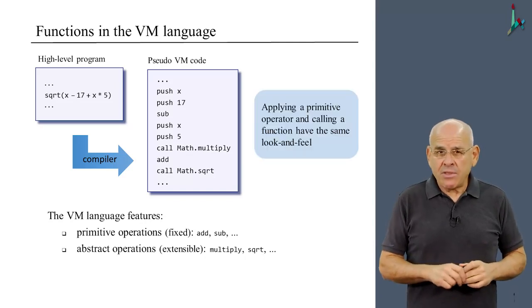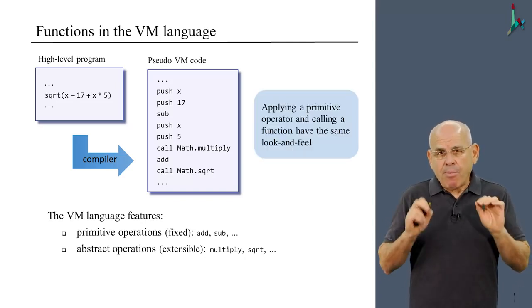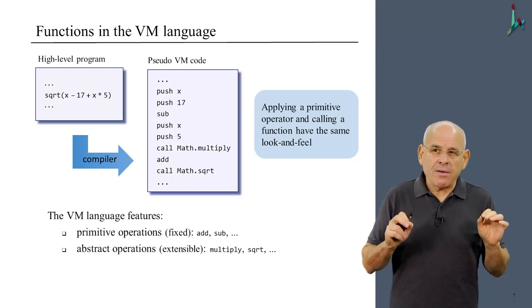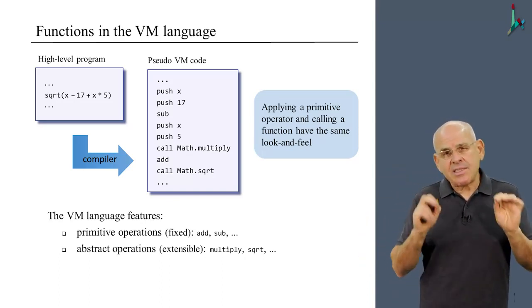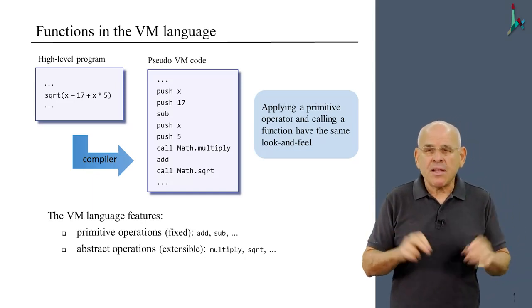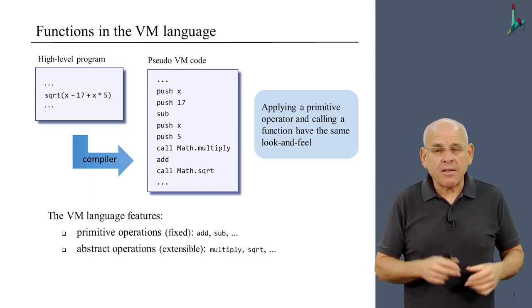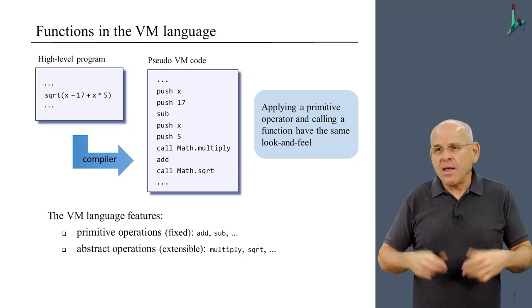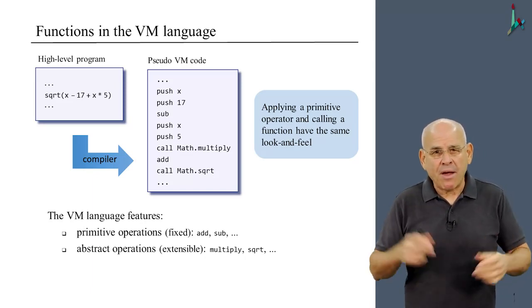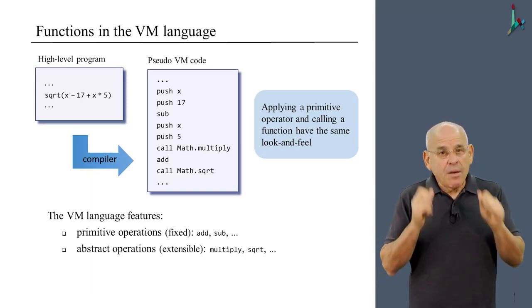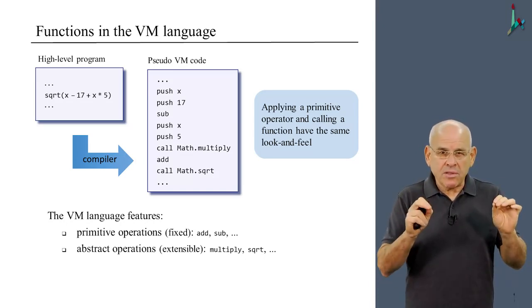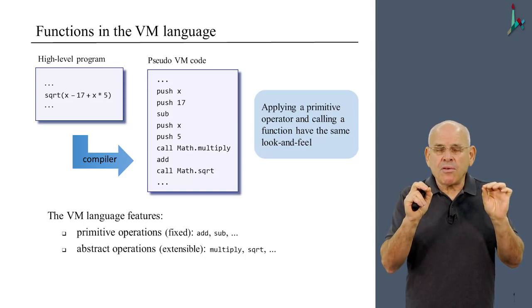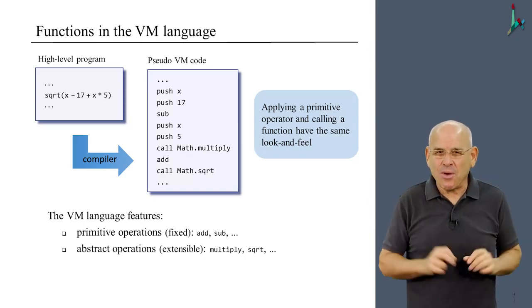And here's another interesting observation. Applying a primitive operator like sub, as we see in this example, has exactly the same look and feel as applying an abstract function like math.multiply or math.sqrt. In both cases, the rules of the game are as follows, and it's very important to listen and understand what I say.